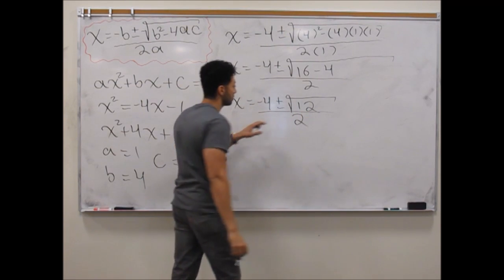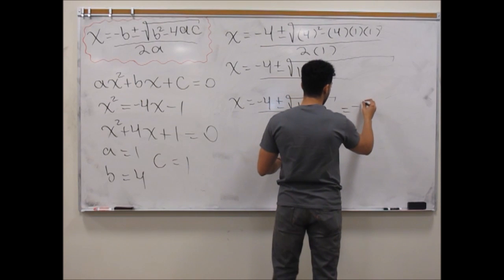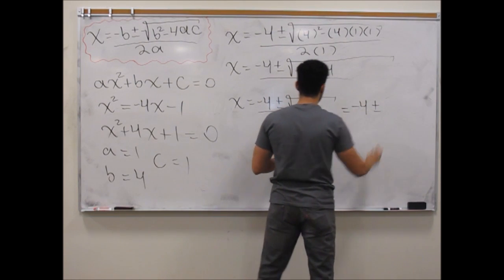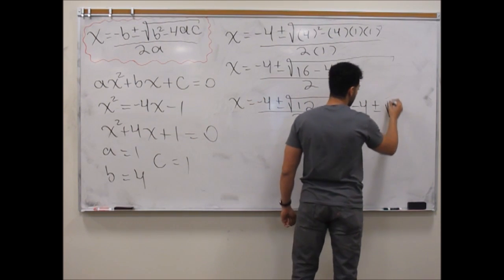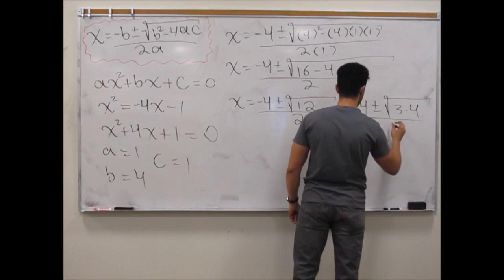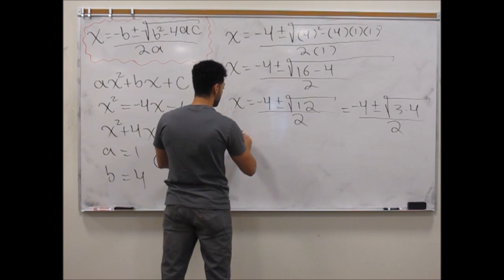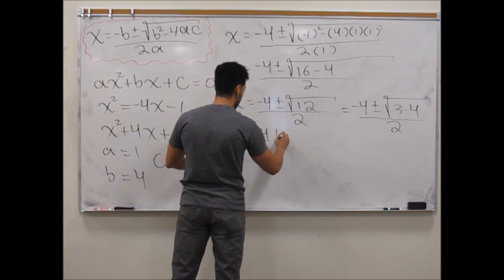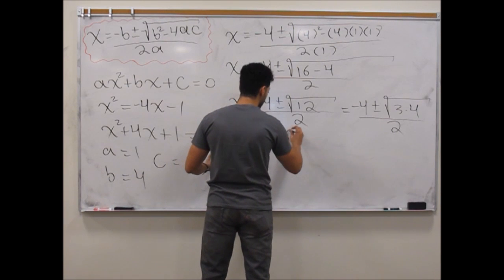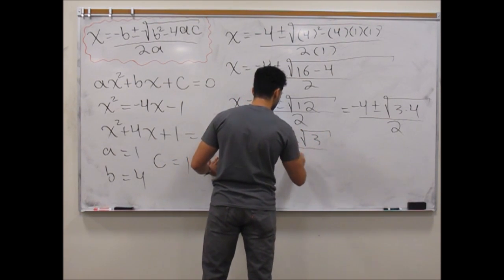So then we get x is equal to negative 4 plus or minus the square root of 12 all over 2. Now the square root of 12 can be rewritten as the square root of 3 times 4. And that 4 is going to pop out as a 2. So then we get x is equal to negative 4 plus or minus 2 rad 3 all over 2.